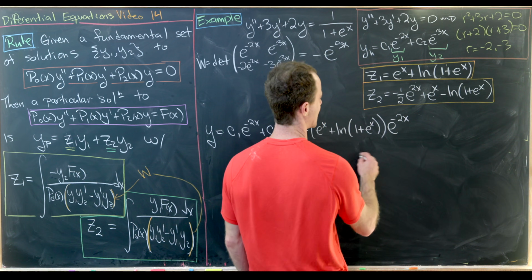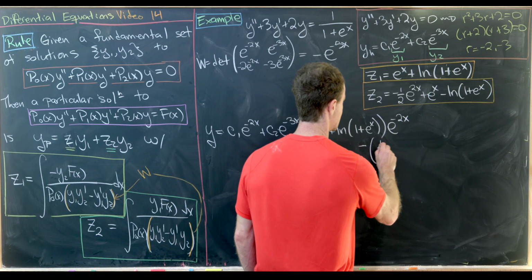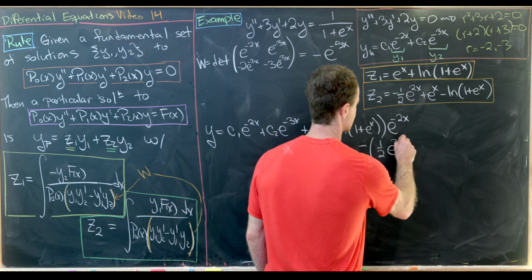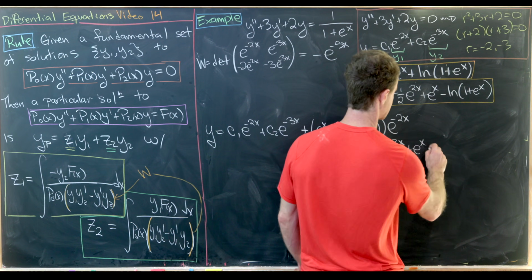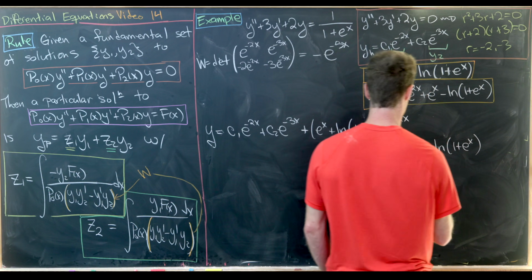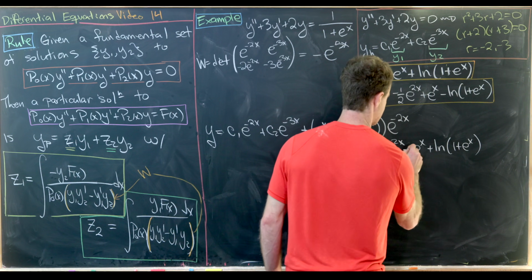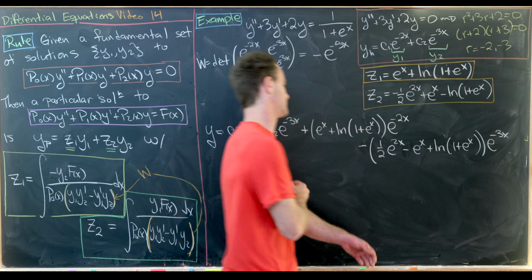So maybe I'll factor a minus sign out because more of these have minuses than not. So that'll be minus, and then we'll have a half e to the 2x plus e to the x minus natural log of 1 plus e to the x. Sorry, I messed up my signs there, and that'll be all times e to the minus 3x.